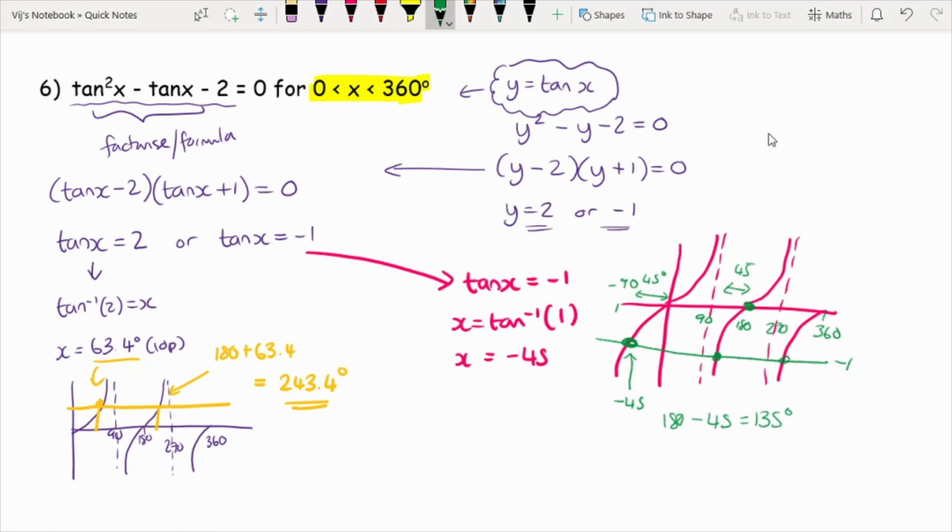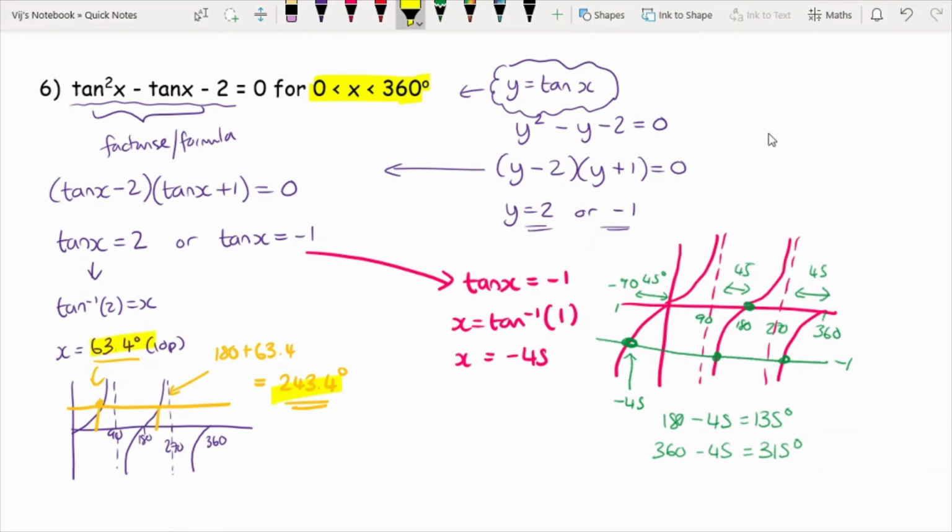And to work out this angle here, what I need to do is do 360 minus 45, which is 315 degrees. Now, again, as you can see, my answers are all littered all over the place.